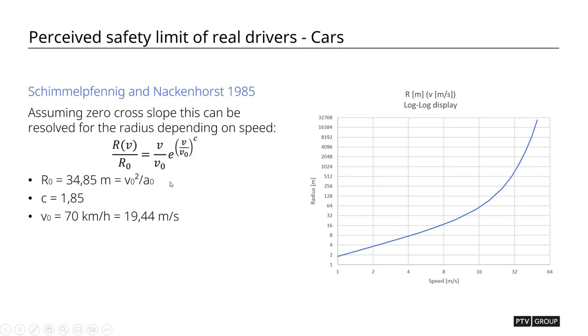It's possible to resolve that equation for radius depending on speed. Then we get another of these constants, which is about 35 meters, and which relates to the other 2 constants in this way.